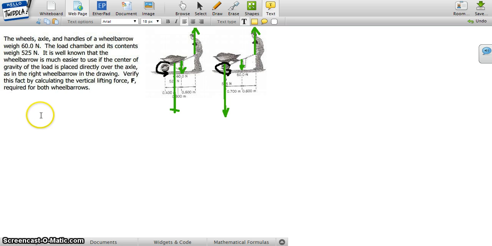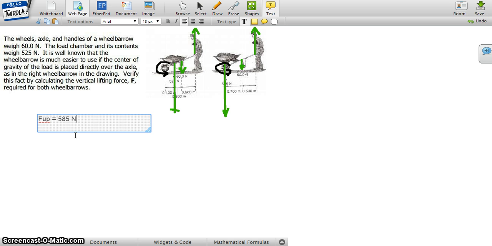Okay, so we know that it must be true that the upward force F up must be equal to the 525 newtons and the 60 newtons combined, so 585 newtons.